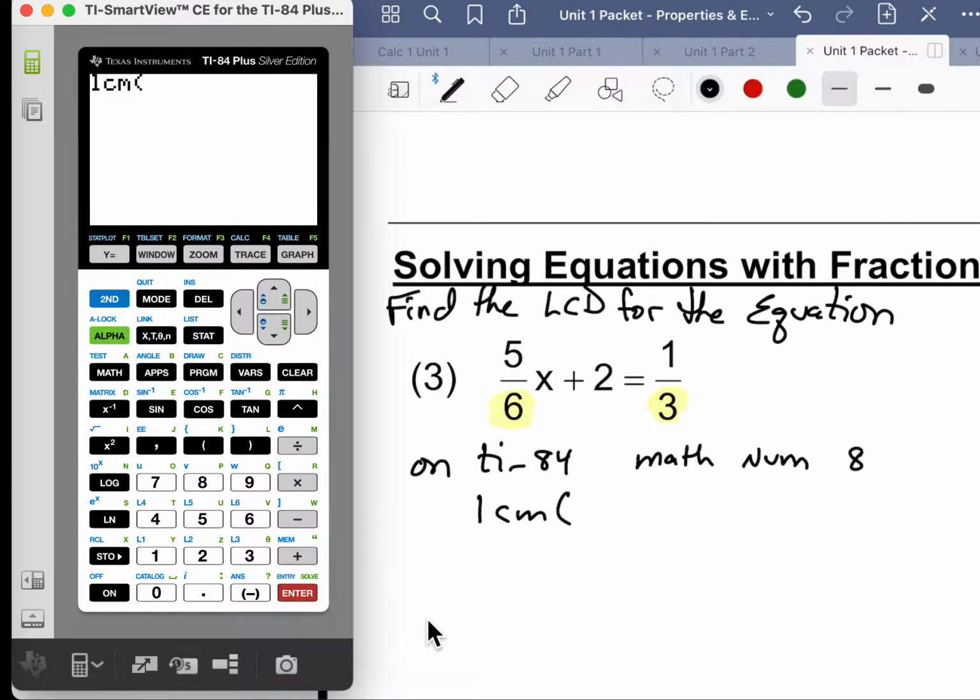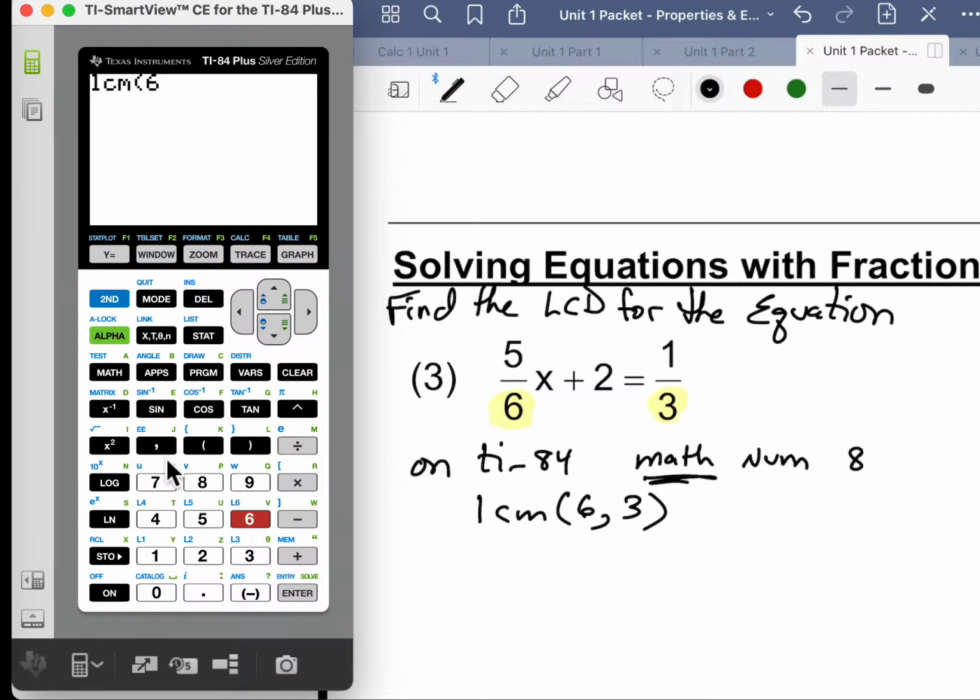So you pull up that command, it would say LCM. You hit the math key, then the right arrow to NUM, and then go down to option 8. Then all you have to do is type in the two numbers separated by a comma. So 3 comma 6, 6 comma 3, it doesn't matter. I'll do 6 comma 3 because that's the order they gave it.